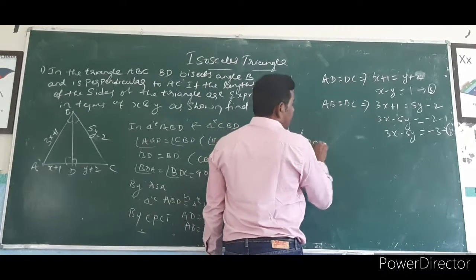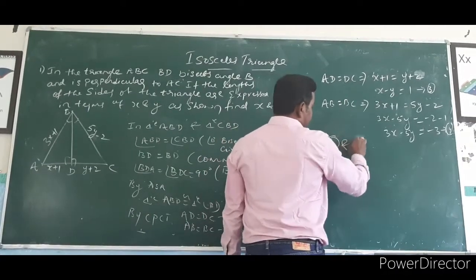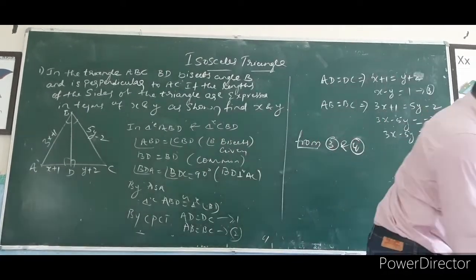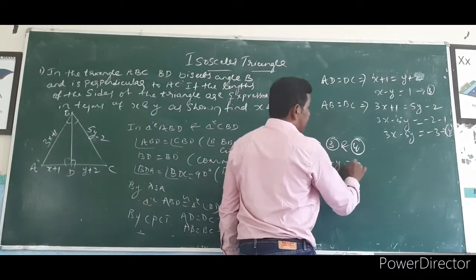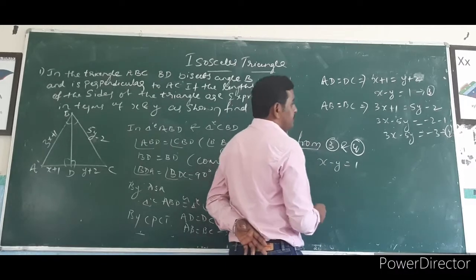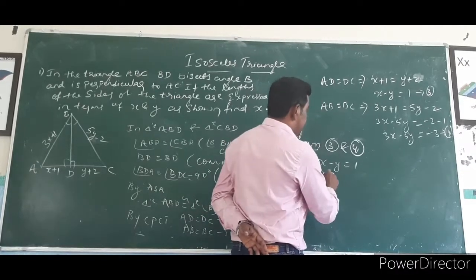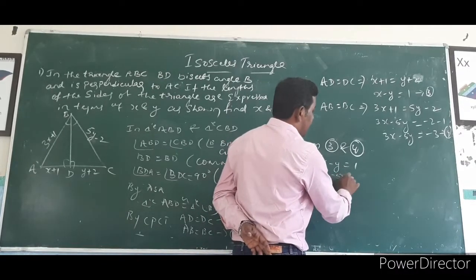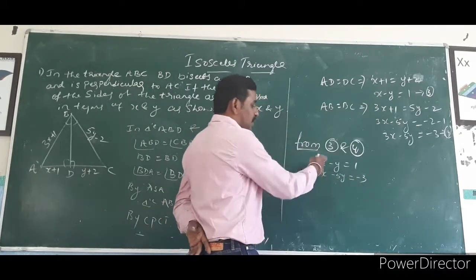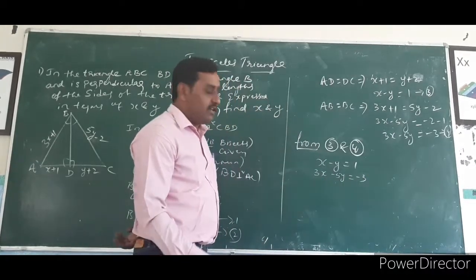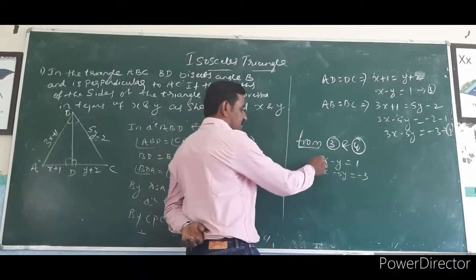From 3 and 4, we have x minus y is equal to 1, and 3x minus 5y is equal to minus 3. These two are simultaneous linear equations, and you know how to solve them.